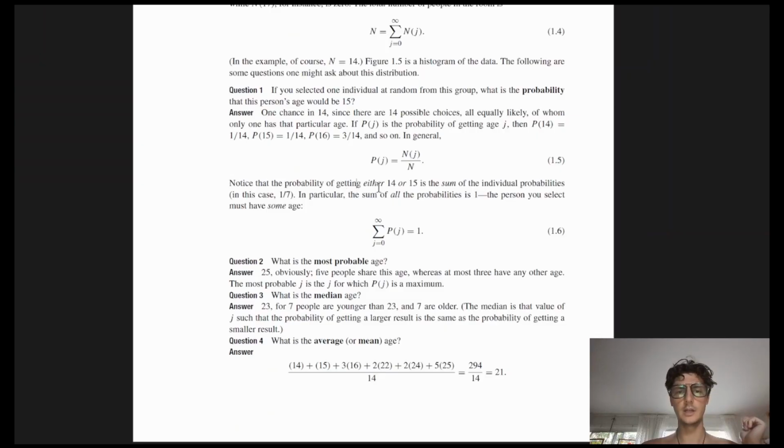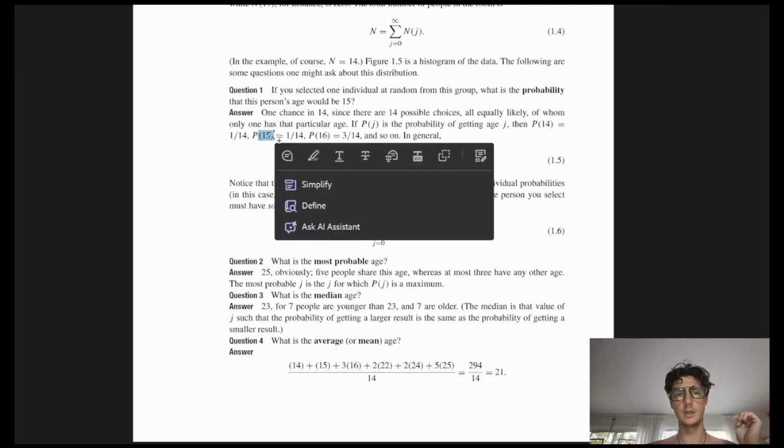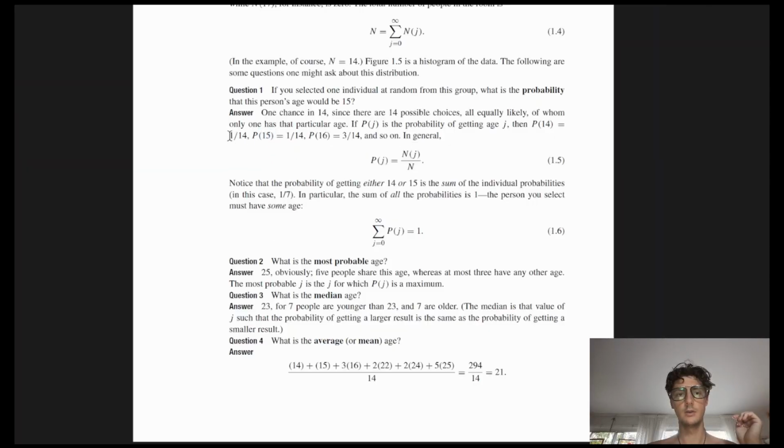Notice the probability of getting either 14 or 15 is the sum of the individual probabilities, in this case 1/7. So 1 over 14 is the probability of getting age 15 at random, and 1 over 14 is also the probability of getting age 14. 1 over 14 plus 1 over 14 gives you 1 over 7.